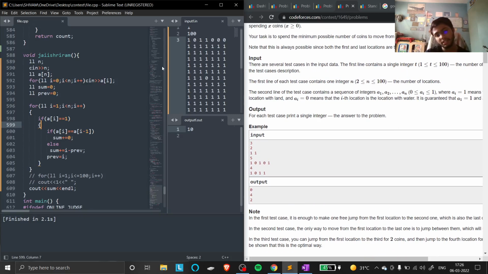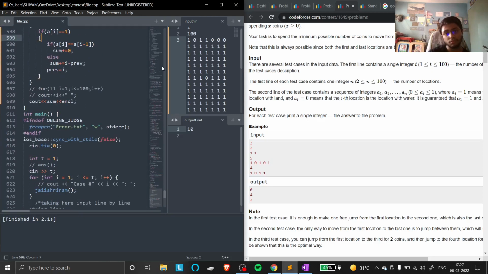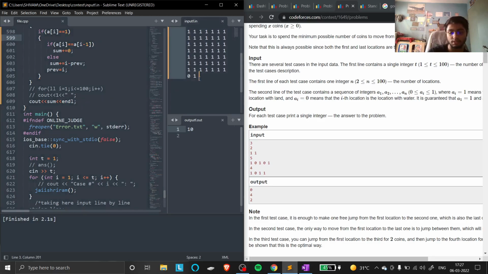I'm trying to see where it could be wrong, but I'm not getting anywhere it could be wrong. So you can also see that it's not going wrong anywhere.